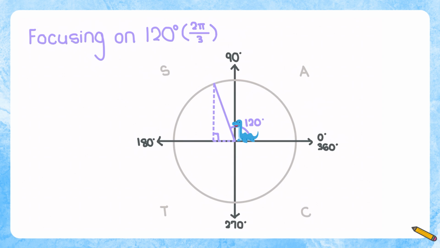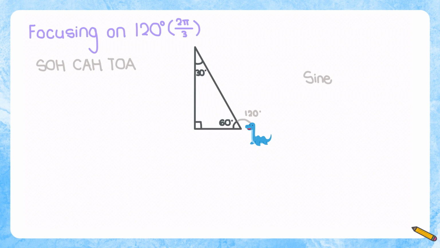And then let's figure out the angle measures. This reference angle right here measures 60 degrees because 120 degrees plus 60 degrees creates this half circle of 180 degrees. And the remaining angle is 30 degrees. So here I've created the reference triangle, and this lies in quadrant 2.